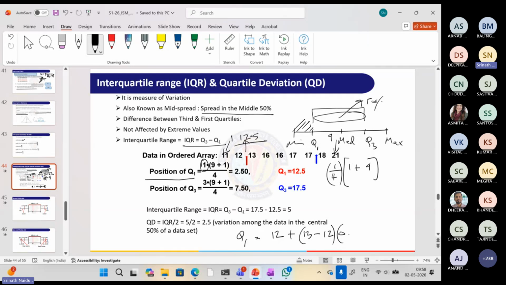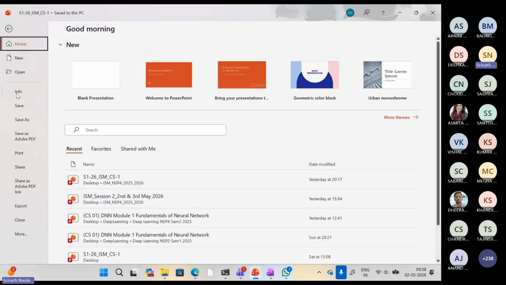So 12.5. Now, that's one way of looking at this quartile thing. It's basically a positioning type of thing. As you can imagine, there are multiple different definitions of it.